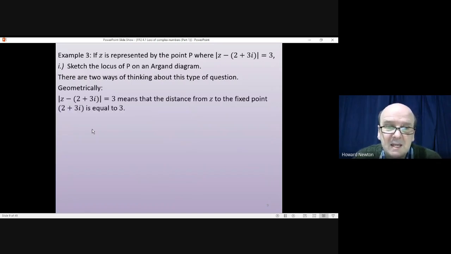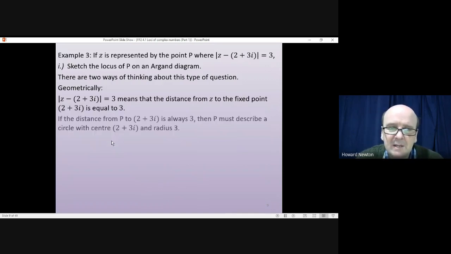What it's saying is that the modulus of Z minus (2 plus 3i) equals 3 means that the distance from Z to the fixed point 2 plus 3i is equal to 3. So you've got a fixed point, 2 plus 3i, and the distance from Z to that point has to be 3, which is extremely similar to the first case that we had.